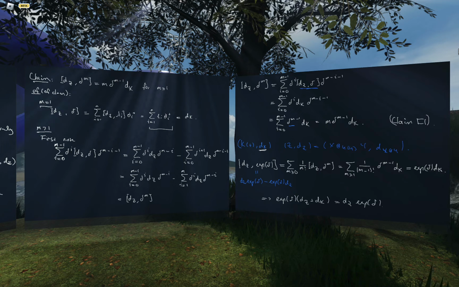So if we look at the statement of the lemma, we claimed it was a morphism from something with the differential dk plus dz on one side, to something with just the differential dz on the other side. And what we've shown is that this satisfies the property that it needs to be a morphism of those particular linear factorizations. So this proves the lemma.